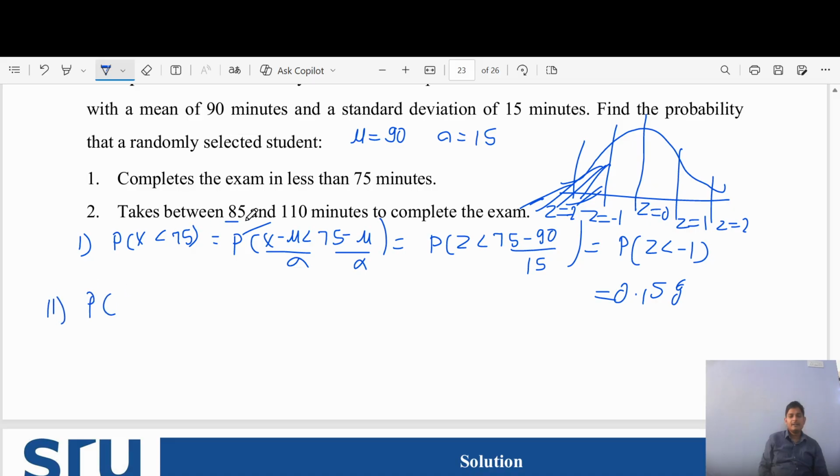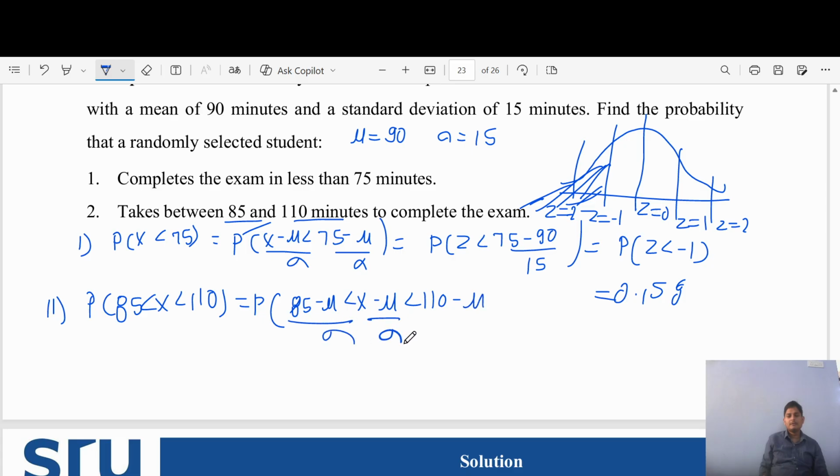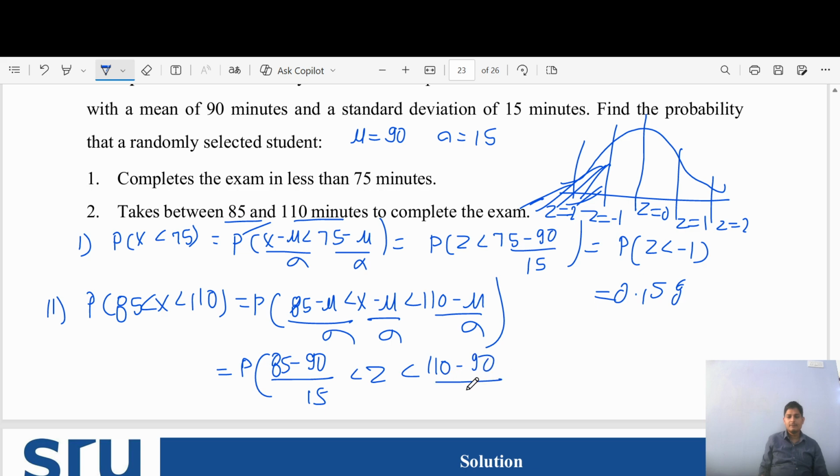So this is the second part. X lies between 85 to 110 minutes to complete the exam. So P(85 less than X less than 110). So 85 minus mu, 110 minus mu upon sigma. So this is P((85 minus 90) upon 15 less than Z less than (110 minus 90) upon 15).